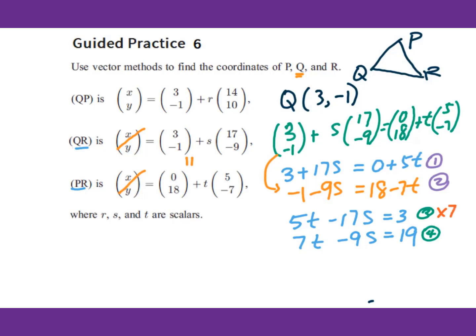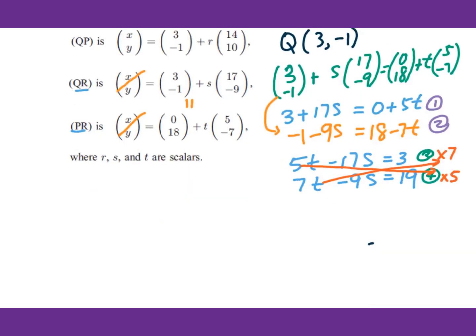Multiply this by 7, and this by 5, so that you will get 35t minus 119s equals 21, and 35t minus 45s equals 95.